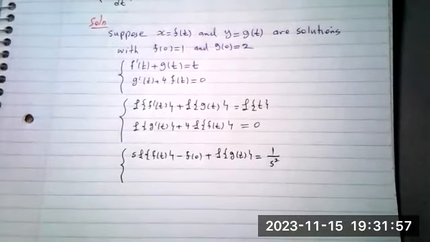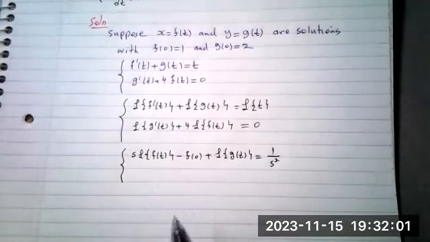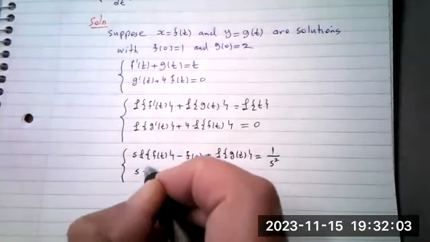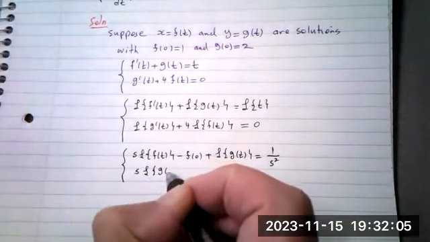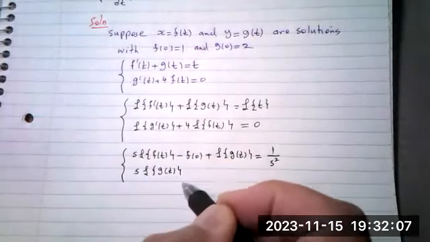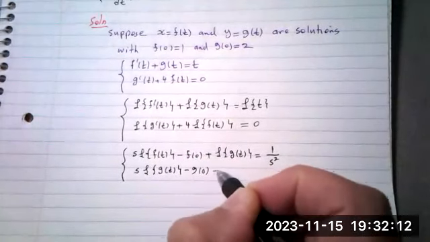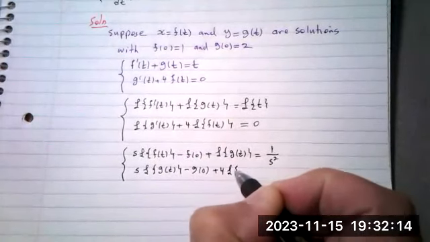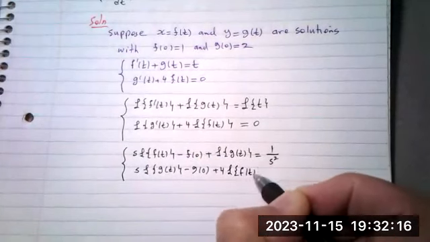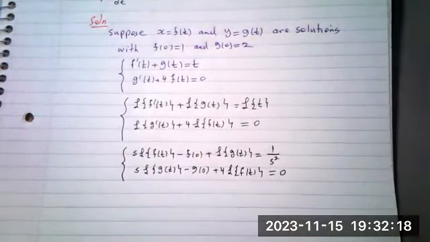The second one, g prime, is going to be s Laplace of g of t minus g of 0 plus 4 Laplace of f of t equal to 0.